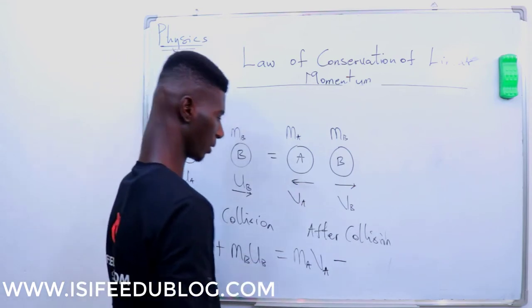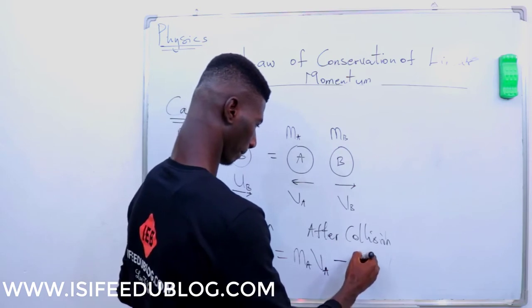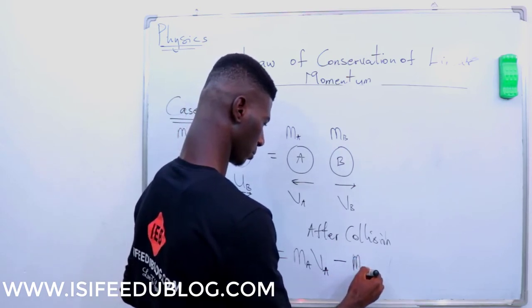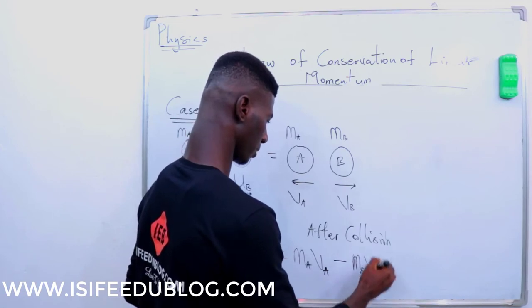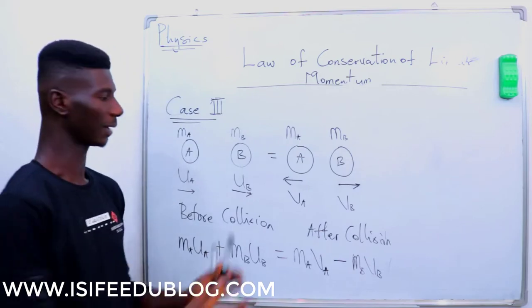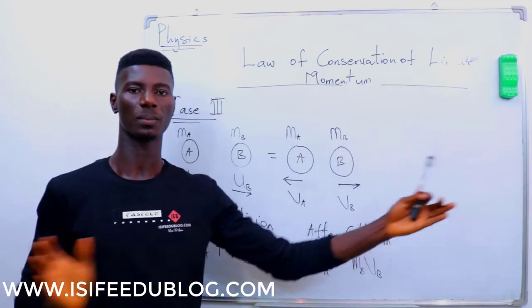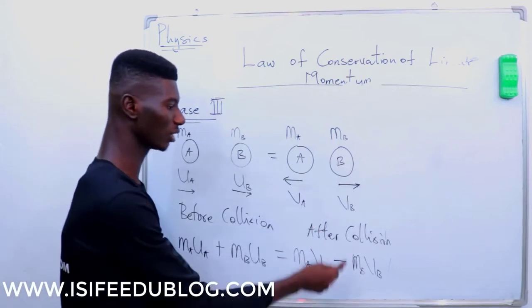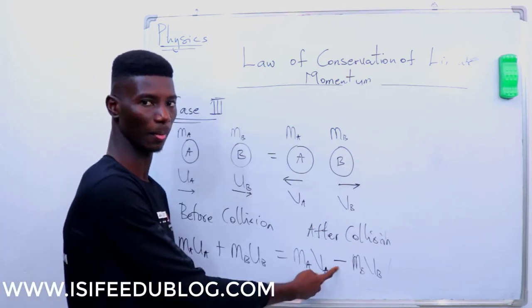So minus mB vB. So when, after colliding, they separate and go separate ways, different directions, this is what you have. So different direction gives you negative.